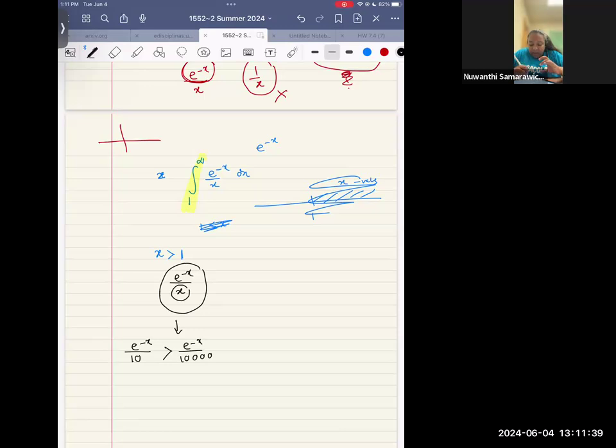It is less than this number. So I chose this as less than e to the power negative x. Since x is greater than 1, this whole thing is definitely less than this function. That's how I got the function for this question.